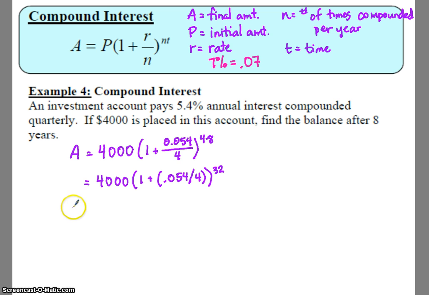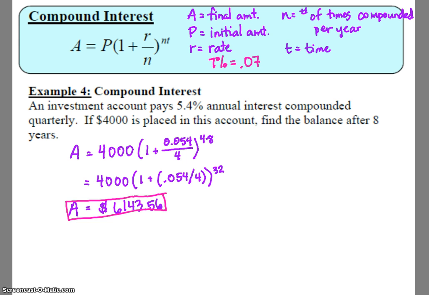And so that should give you a final amount. And we're talking about dollars here, so we're going to round to 2 decimals. Should give you a total of $6,143.56. So since we're talking about money, always round to the second decimal place.